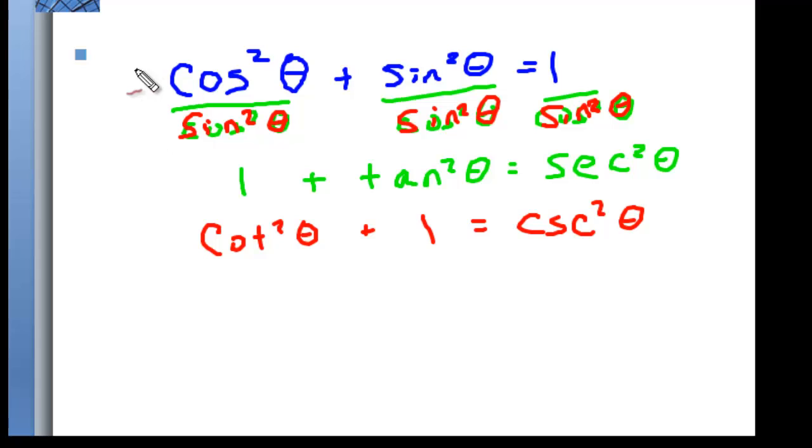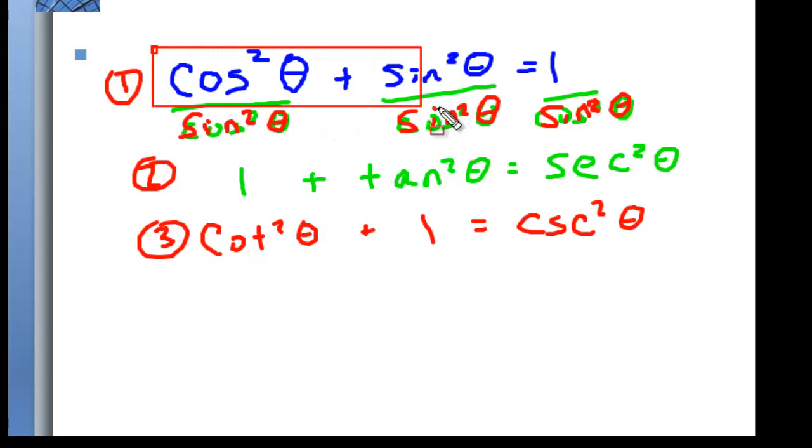So here we have three fundamental identities. Do you need to remember them all? No, because we know easily how to get them. We do need to remember this one: cosine squared plus sine squared equals 1, or sine squared theta plus cosine squared equals 1. The order of those does not matter.